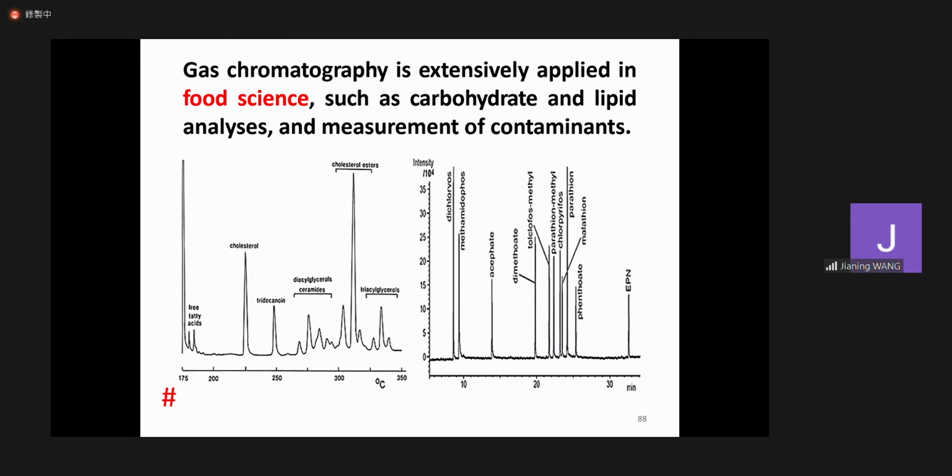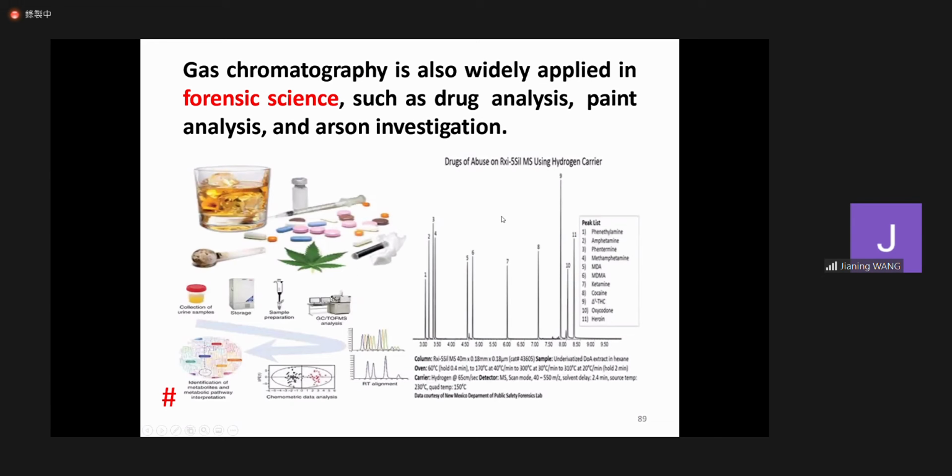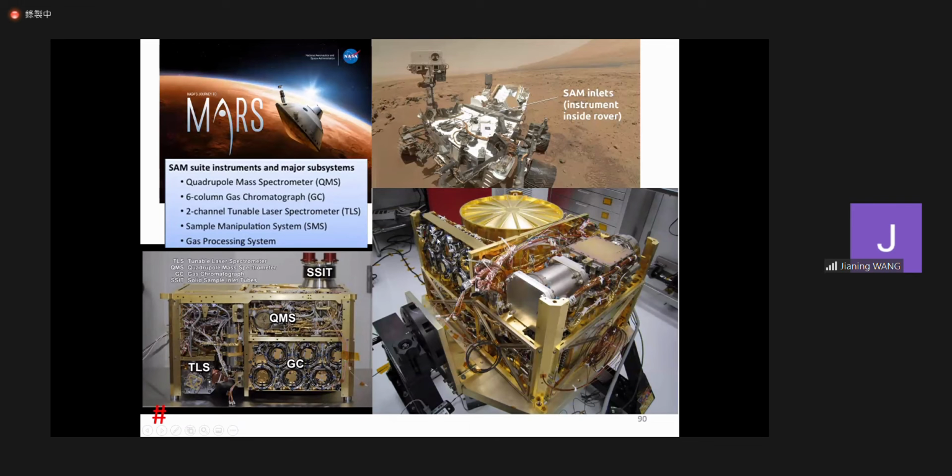GC is extensively applied in a very broad range of fields, from food science to environmental science, also the pharmaceutical industry and hospitals. It's widely used and quite an important method, and it's also used for Mars exploration.